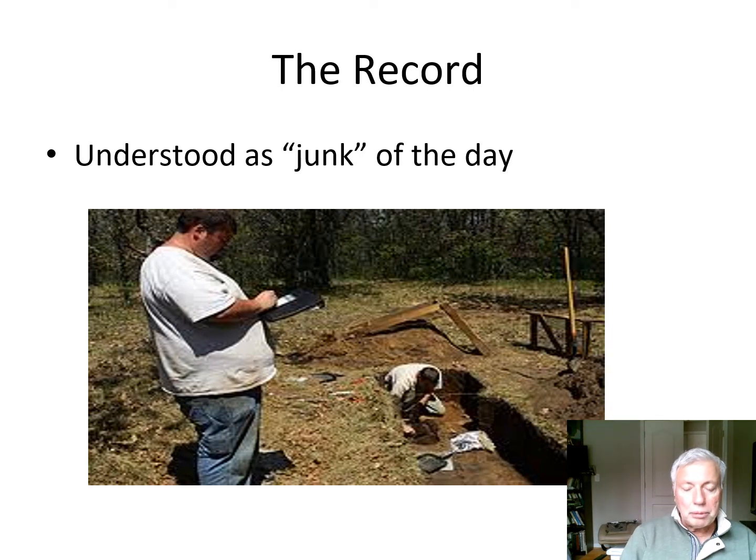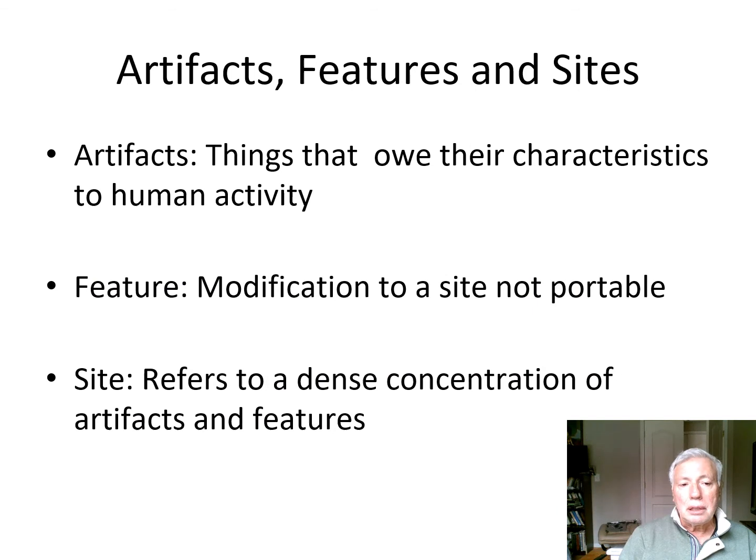So one of the things we want to do next is look at some of the terminology that our archaeologists use. These are very basic ideas in the archaeological endeavor, and you are probably familiar with them, but let me go over them rapidly. First, we have artifacts. What are artifacts?